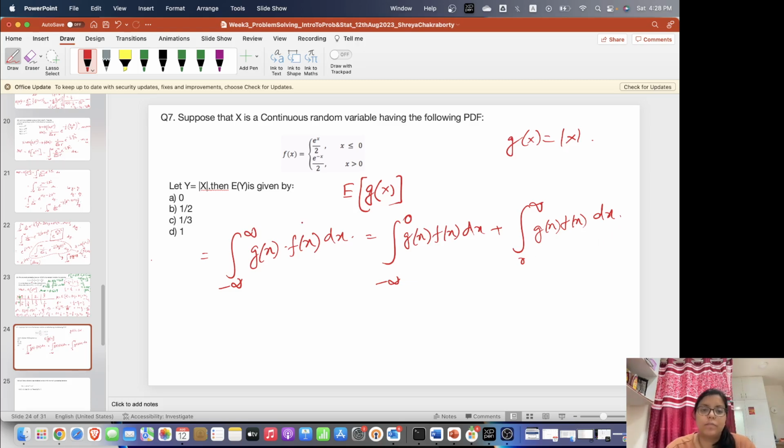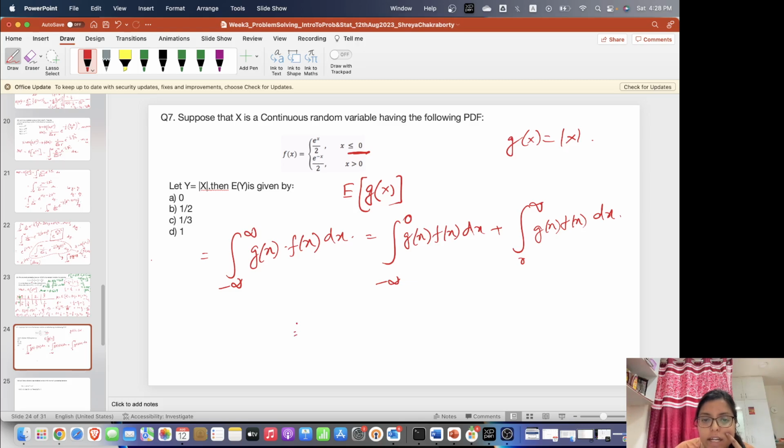Now, when x takes a value from minus infinity to 0, that is here, then f(x) is e to the power x by 2.